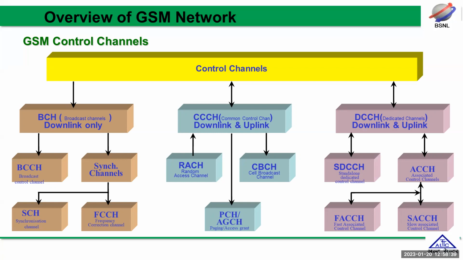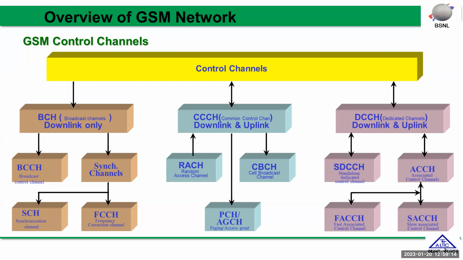Next are the dedicated control channels, in which SDCCH, the standalone dedicated control channel, is used very much in the signaling in the GSM network. And there are two associated control channels: the fast associated control channel and the slow associated control channel. These two logical control channels are basically used during the measurement period.